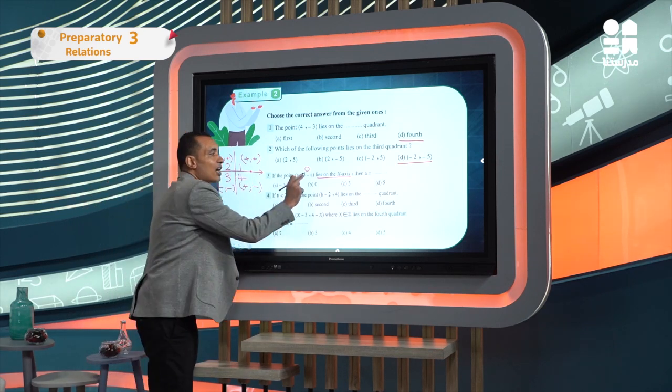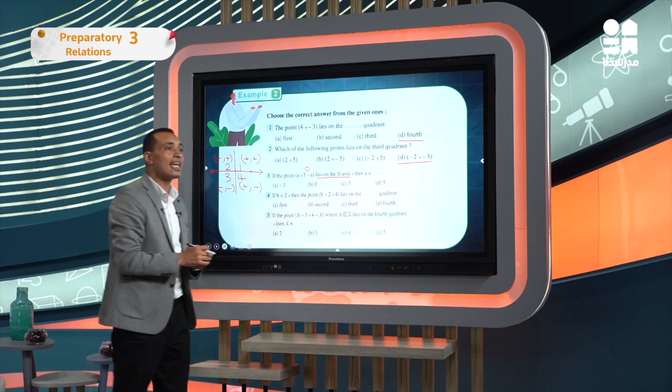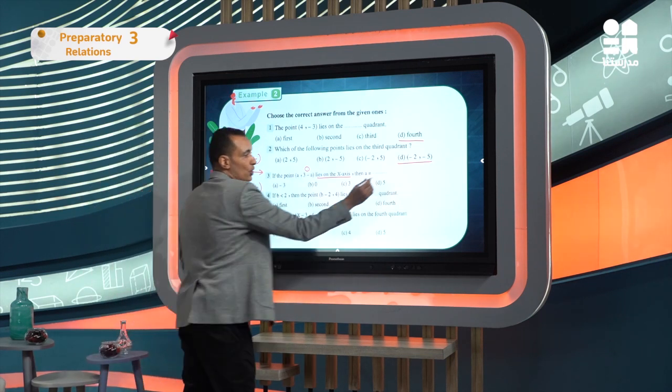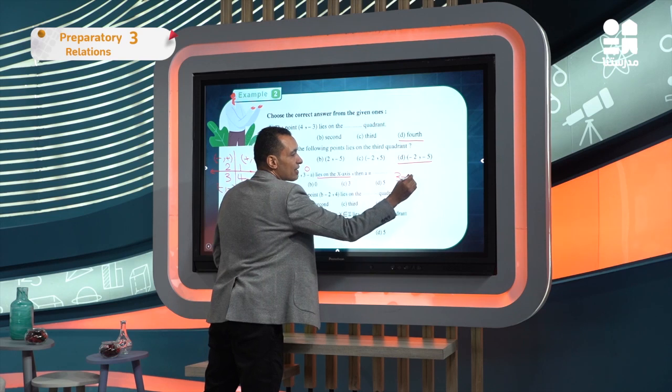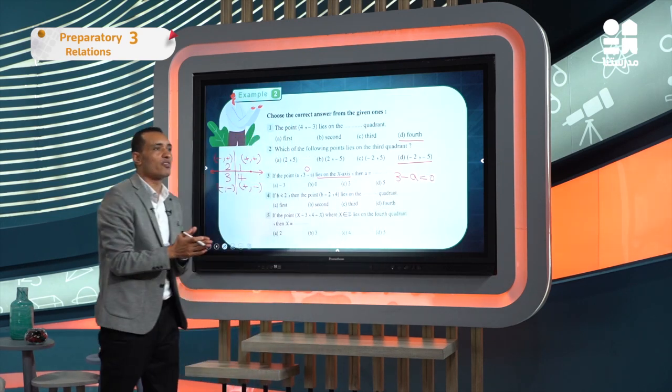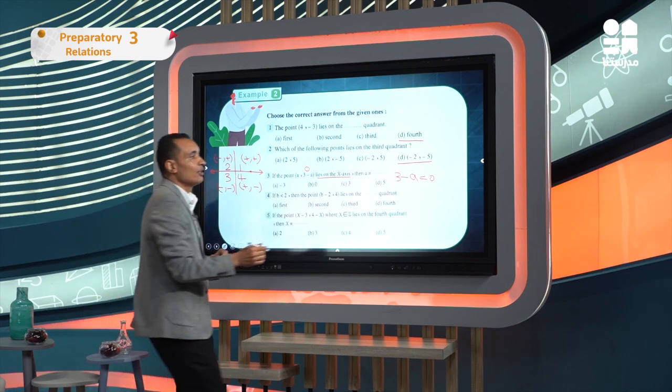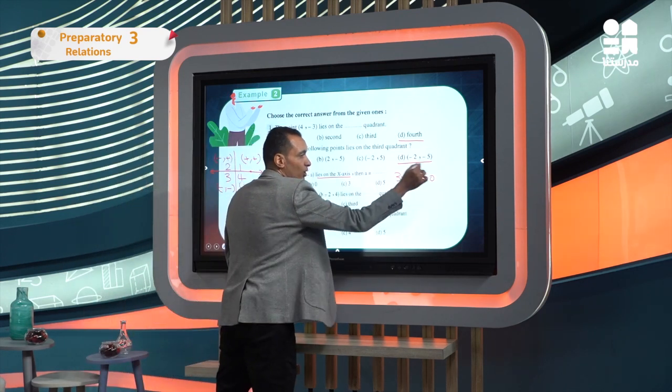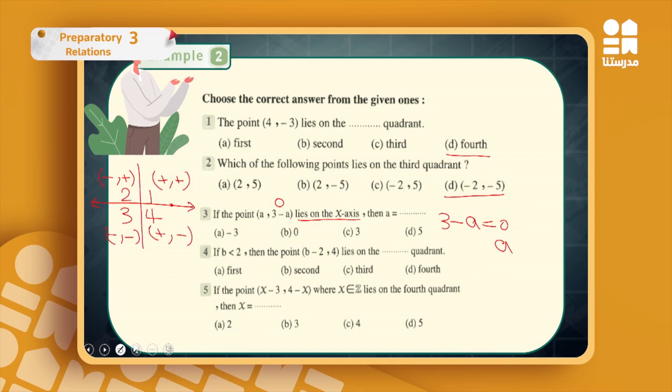So I will write this equation: 3 minus a equals 0. Now I can solve this equation easily by isolating a alone on the right side with positive. So a equals 3. So the correct answer here is 3.